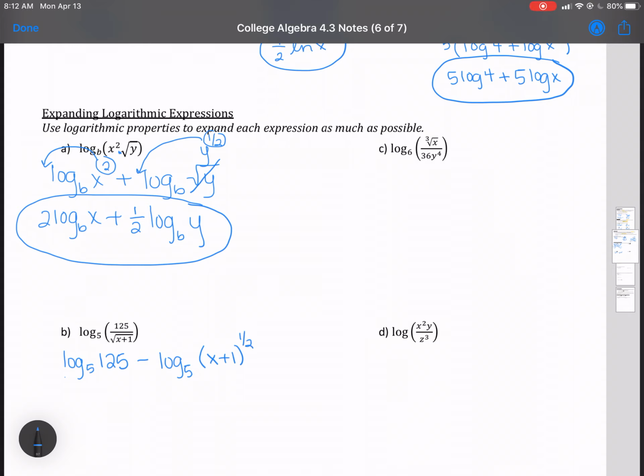And then we can simplify this further. So the log base 5 of 125. So 5 to what power equals 125, and that would be 3. Minus, and then move that exponent to the front, 1/2 log base 5 of x plus 1.